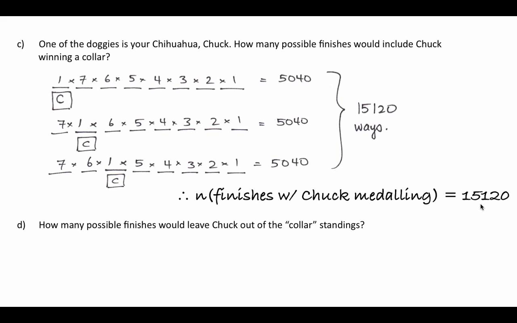Now, the final thought on this question is, how many possible finishes would leave him out of the medals? So let's say he doesn't win the gold, silver, or bronze.